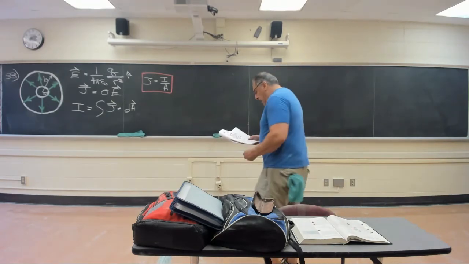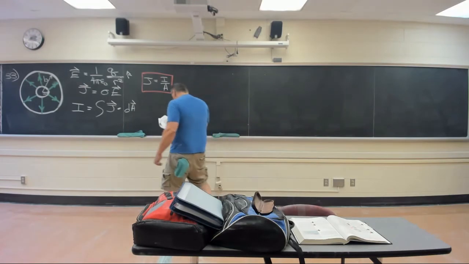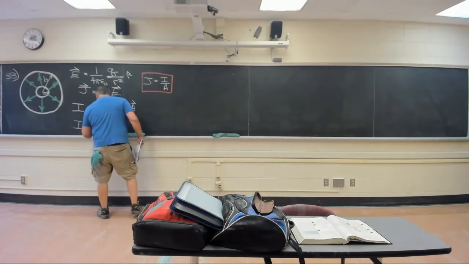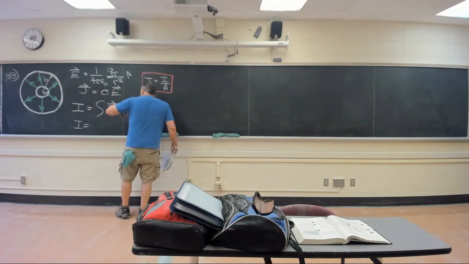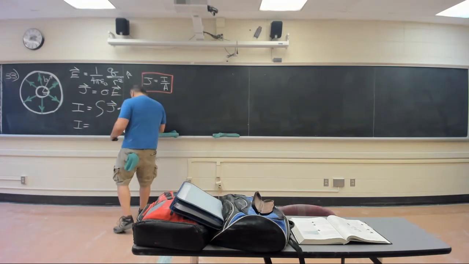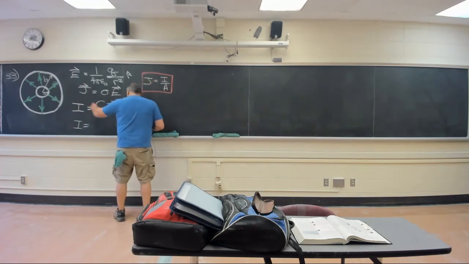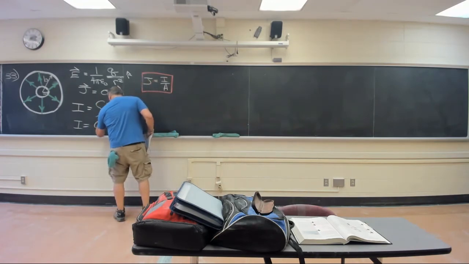We know that. What's going on here? Well, we know that sigma times E will give me the J. Sigma is a constant.